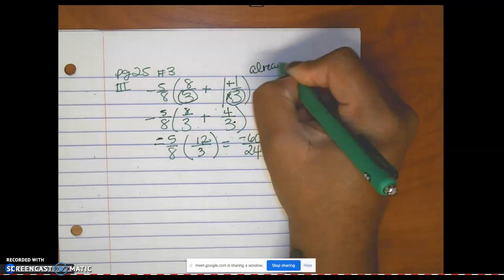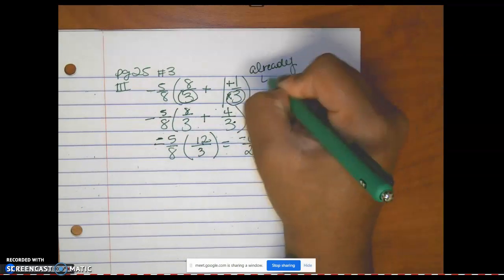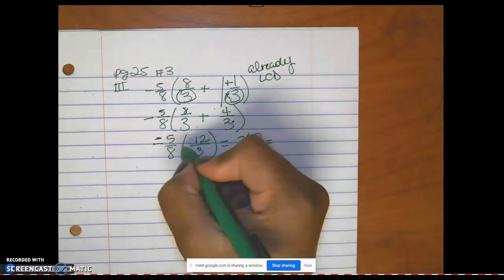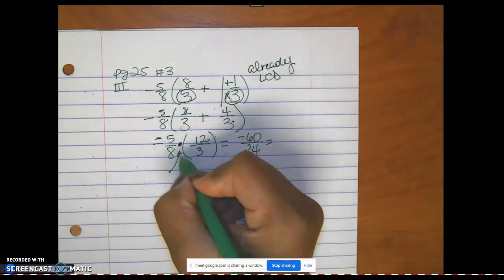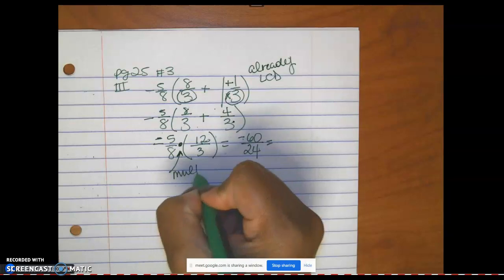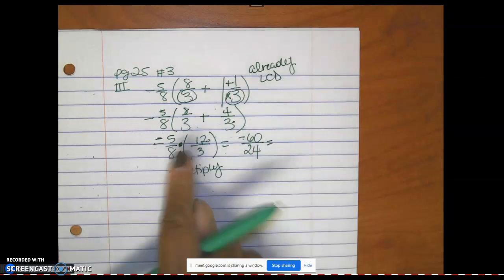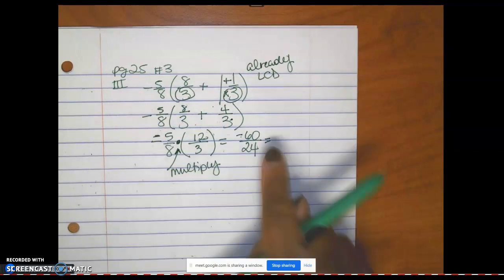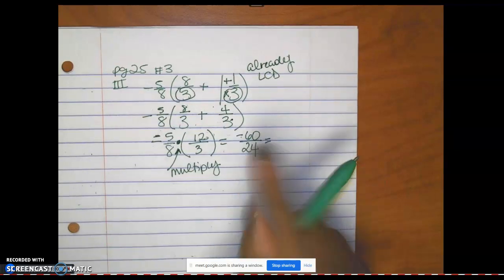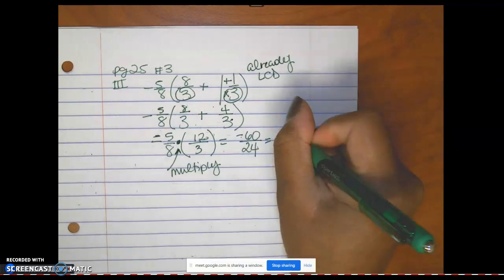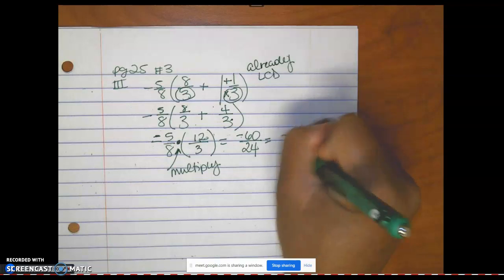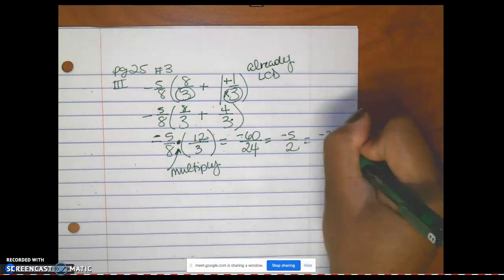Oh, because I'm multiplying. This is multiplication. If there is nothing in between those two numbers here, that's multiplication. So negative 60 and 24. I have 12 that goes into both of those. So I'm going to have negative 5 on the top and 2 on the bottom, which is also negative 2.5.